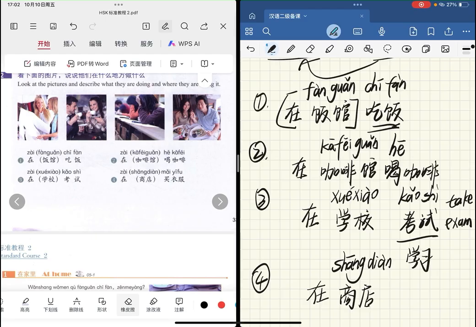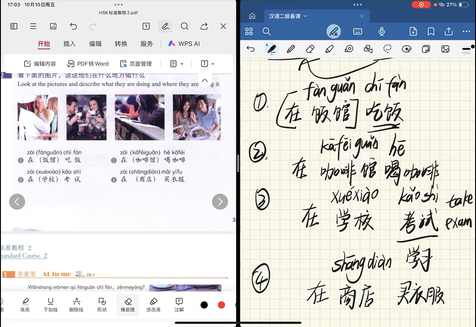In the shop you can 买衣服. 买衣服 is buy clothes. 在商店买衣服, buy clothes in the shop.